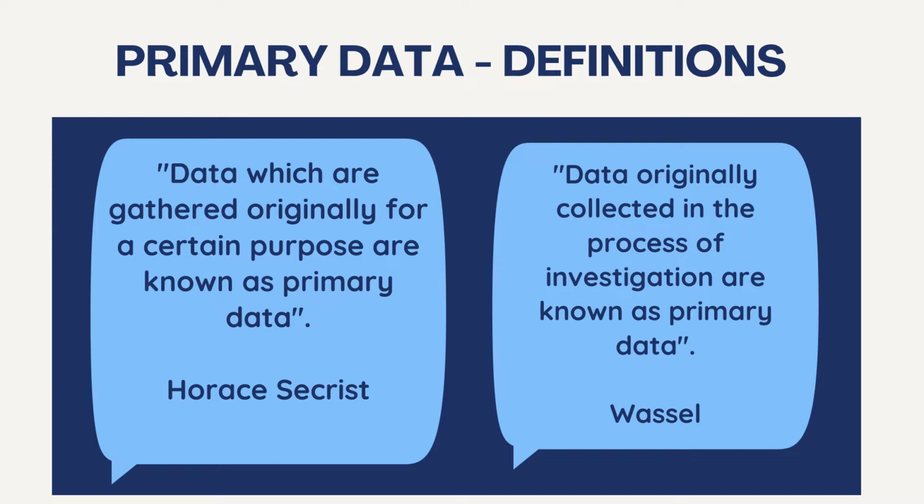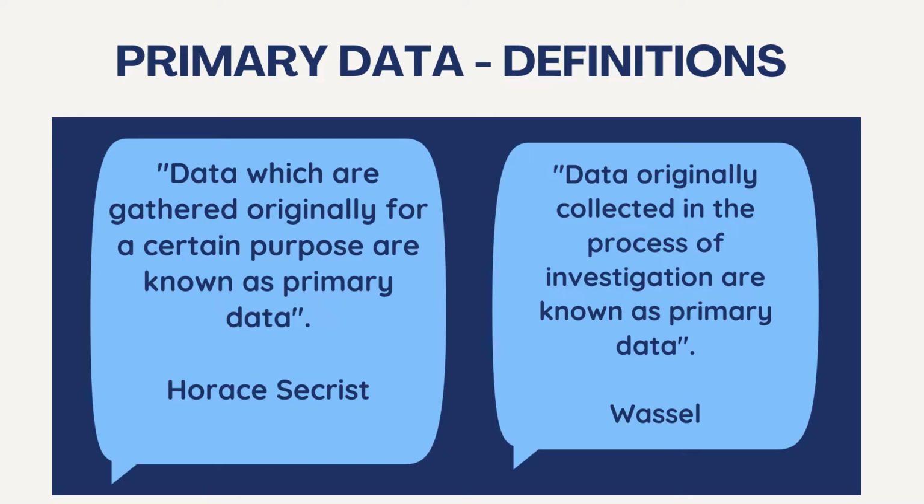There are two definitions in front of you, given by famous statisticians. The first one is by Horace Secrist. He says about primary data: data which are gathered originally for a certain purpose are known as primary data.